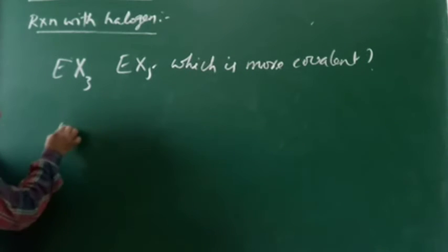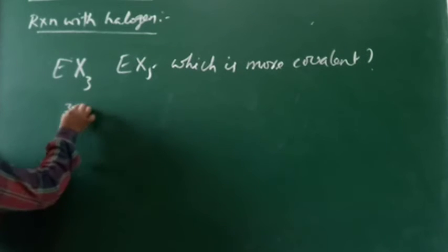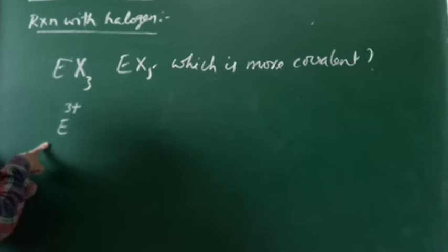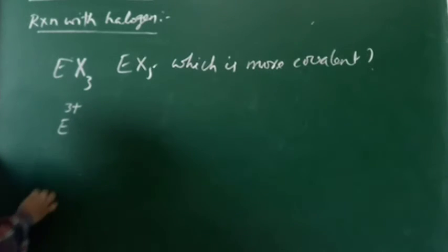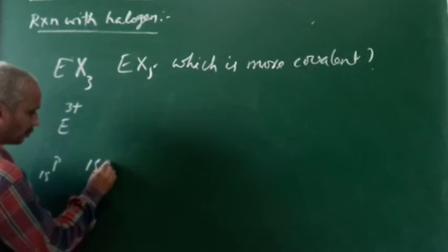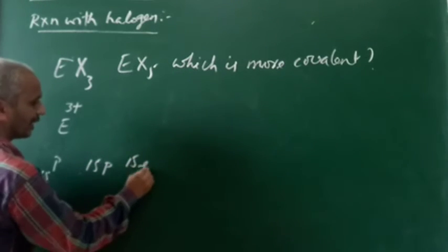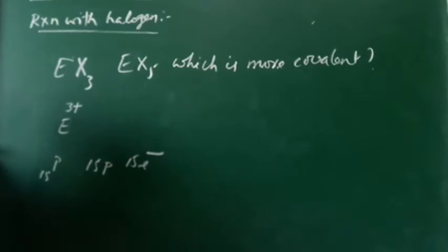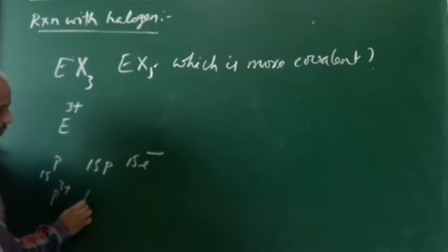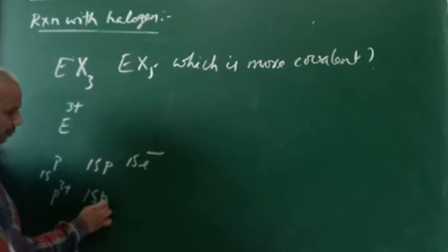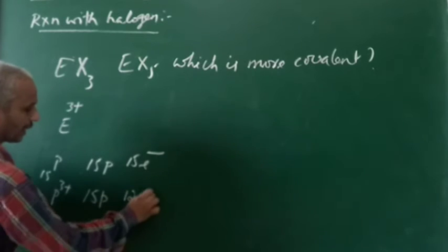See, EX3 is formed by loss of 3 electrons. So, if I consider phosphorus, which is the 15th element, 15 protons and 15 electrons will be there. Whereas when it is in the P3+ state, the number of protons is the same, but only 12 electrons.